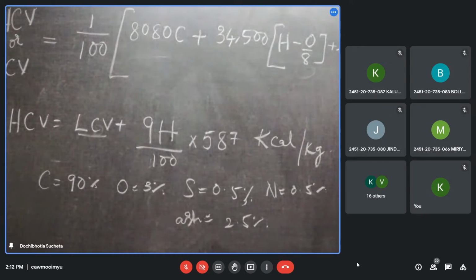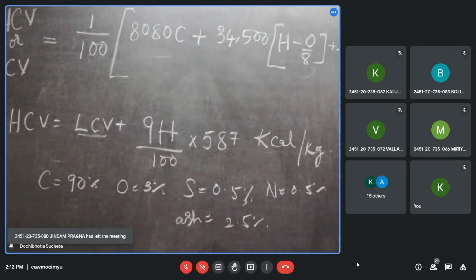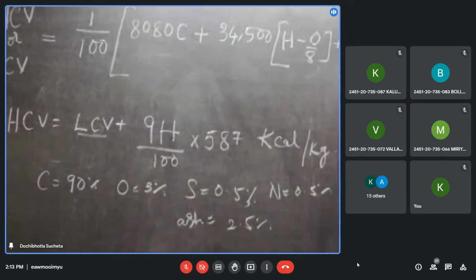While discussing the calorific value of fuels, we concluded that most fuels have carbon, hydrogen, nitrogen, sulfur and oxygen present in them. They undergo oxidation forming corresponding oxides, and they give a lot of heat energy, which is calculated as the calorific value. Calorific value is calculated in two ways: high or gross calorific value, and low or net calorific value.